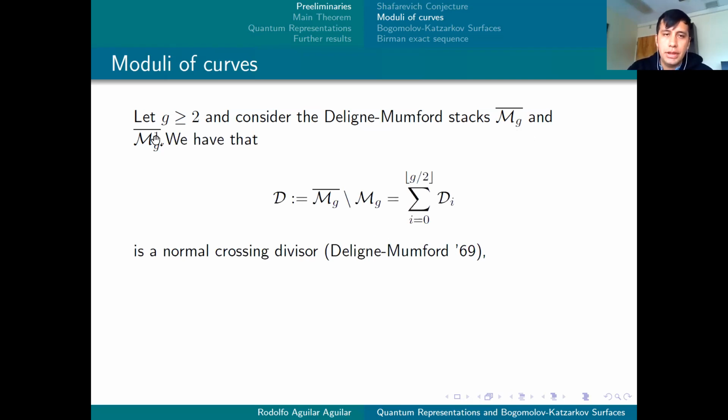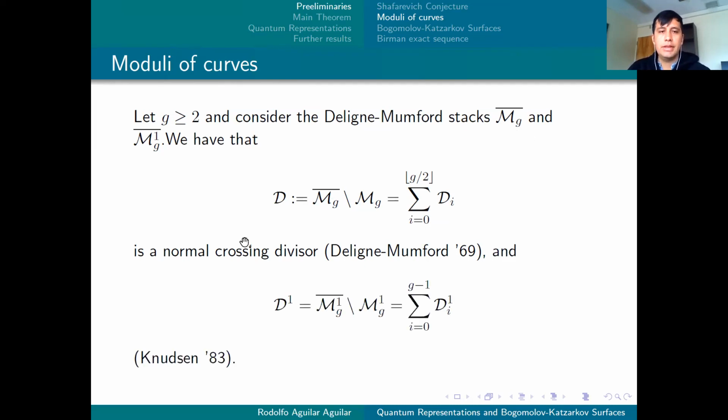Deligne-Mumford showed that if we consider the divisor at infinity, then it consists of the integer part of g over 2 plus 1 components, and moreover that it is a normal crossing divisor. It's not simple, but it's normal crossing.